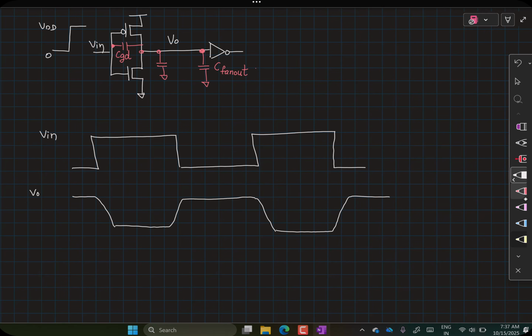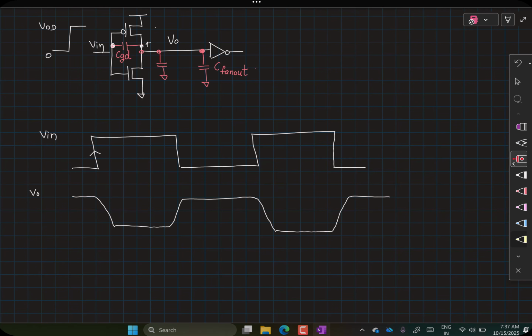Now, at the instant at which you see a sudden rising edge at the input, ideally, we know that this capacitor is going to try and keep the voltage across it. It doesn't allow the voltage across it to change instantaneously. Now, if that happens, you would expect to see a rise here. Now, the problem is if the signal rises all the way till VDD, then of course this capacitor will tend to see a sudden jump across it.